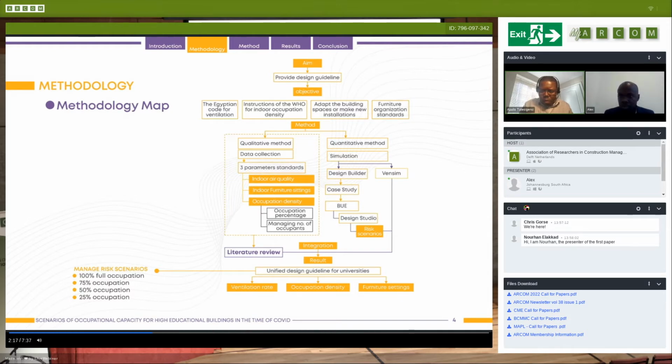The qualitative method is through data collection for the 3 parameters of the research, and the quantitative method is through DesignBuilder simulation for a design studio to get the risk scenarios. Then integrate them in a whole system thinking approach by using Vensim software. Then the results give a unified design guideline for universities for ventilation rate, occupation density and furniture settings in the time of COVID.